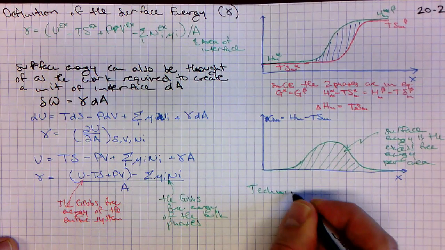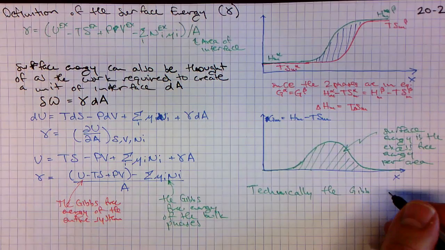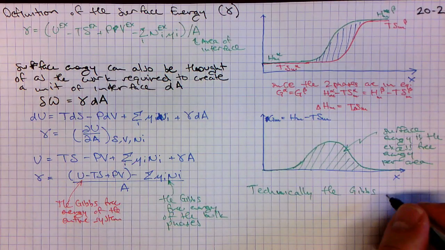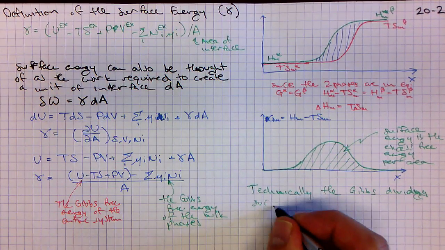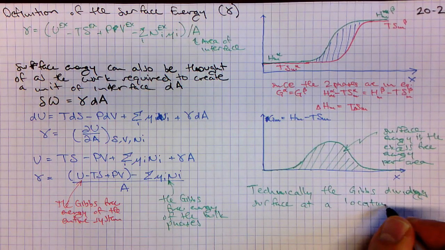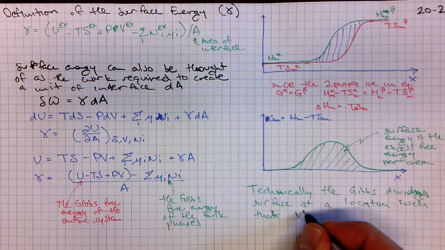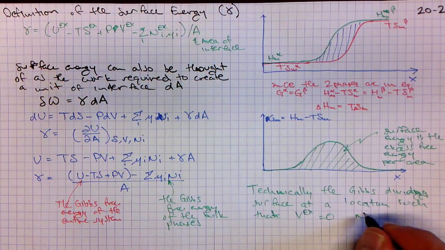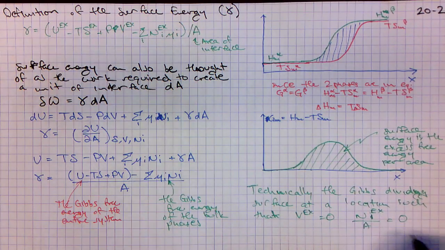Technically, and like we said, for these definitions this is totally arbitrary, but it's typical to put the Gibbs dividing surface at a location such that the excess volume is 0, and for the first species, which is typically the solvent species, the excess number per unit area is 0.